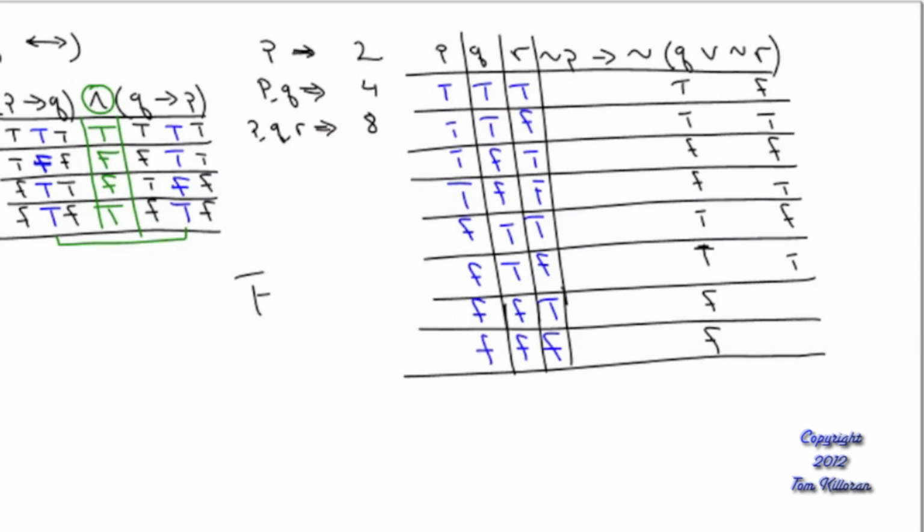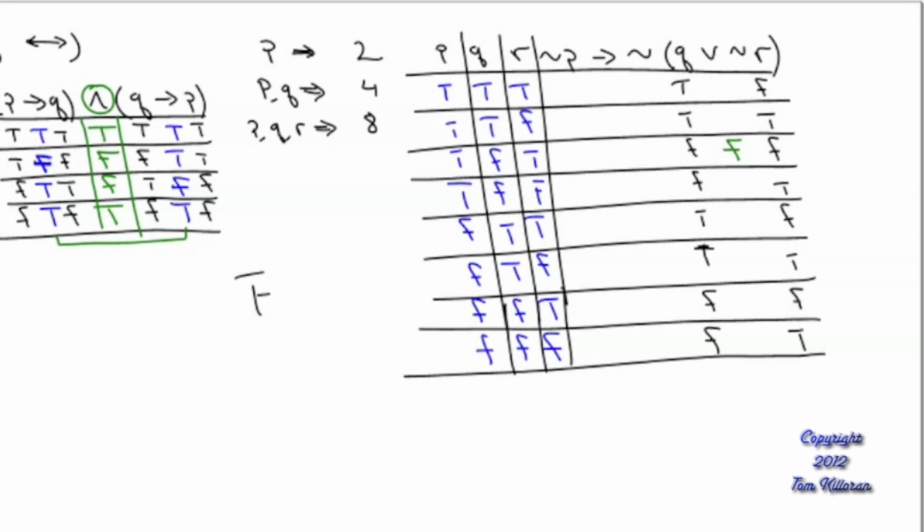Now, here's a clue. If it's just P, Q, and R, they always start with T. If it's a not of something, it's always going to start with an F. All right, now between these two, we're looking for an OR. OR is only false when both are false. So just go down the list until you hit 2 F's.